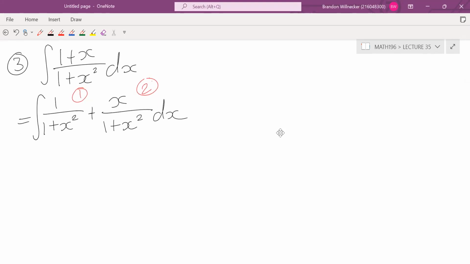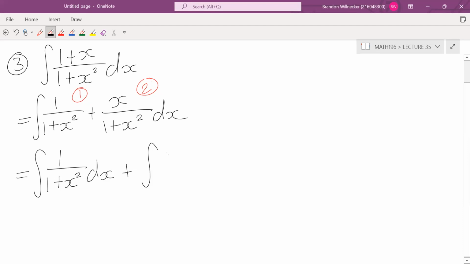So what we can do now is separate this into 2 integrals. Okay, because we've just added 2 functions together, we can separate that. So this becomes the integral of 1 over 1 plus x squared dx plus the integral of x over 1 plus x squared dx.